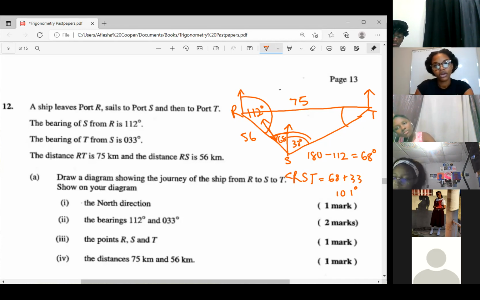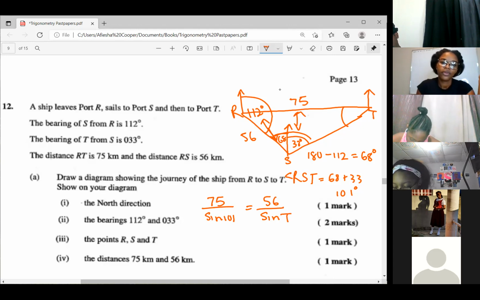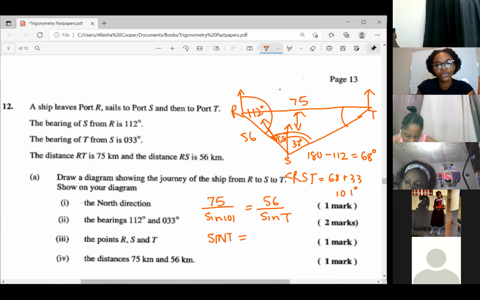We can use 75 and sine 101, and then 56 and sine T. So sine T is equal to 56 sine 101 over 75.